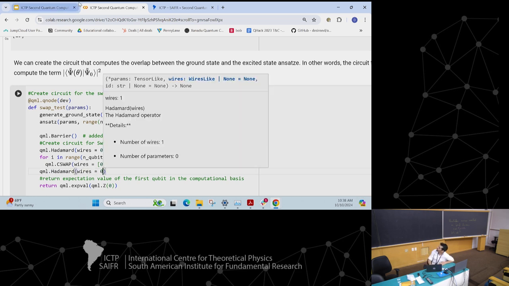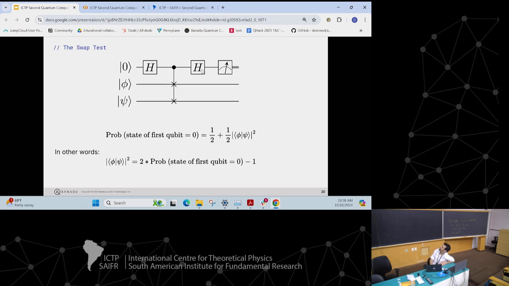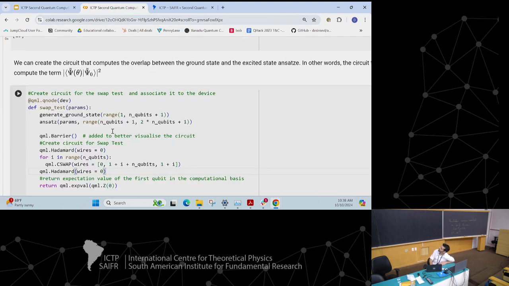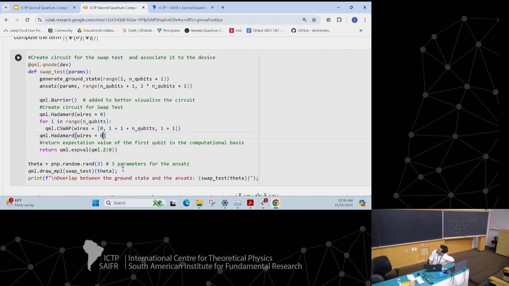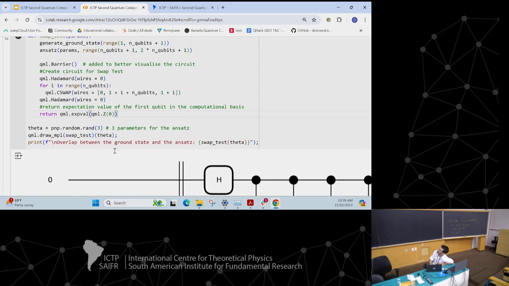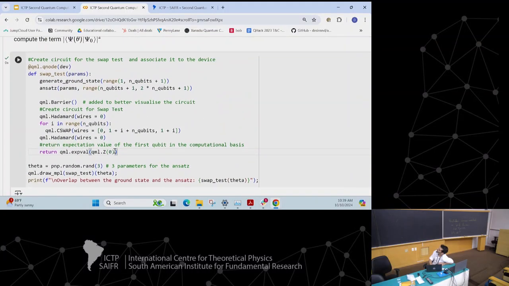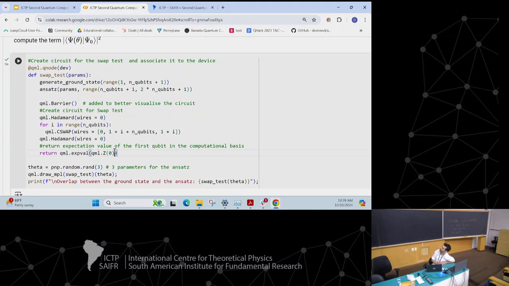And then we end with applying another Hadamard gate to our extra qubit at the top. Okay, and if everything worked well. Okay, so I'll give you a little bit of time for those of you that are following along just to finish the code, and then I'll show you the circuit.